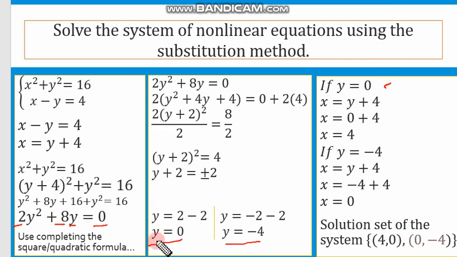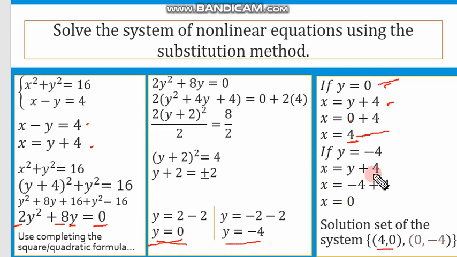Okay, if y is equal to 0, we will substitute y in our second equation, which we derived earlier, to locate the value of x. So x is equal to y plus 4, our y is 0, so 0 plus 4 is equal to 4. So our x is equal to 4. So the first pair is 4 and 0.